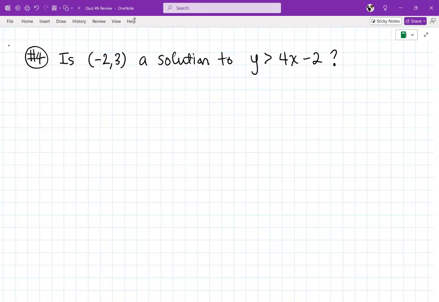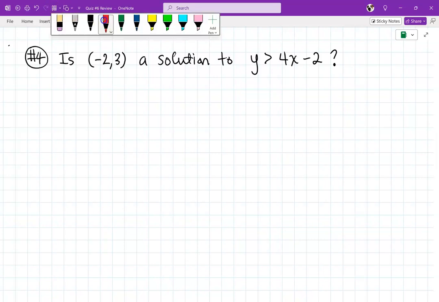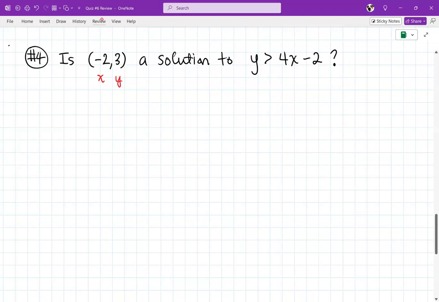So I know that negative 2 and 3 are my x and my y. So I'm just going to plug in my x and my y into the equation. So this is going to look like this: 3 is greater than 4 times negative 2 minus 2. The 3 and the negative 2 were plugged into where my y and my x are.